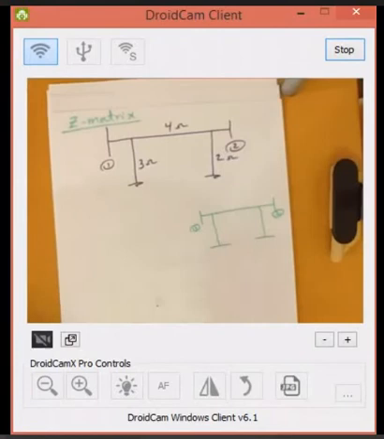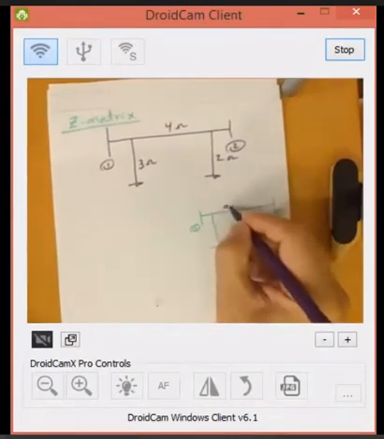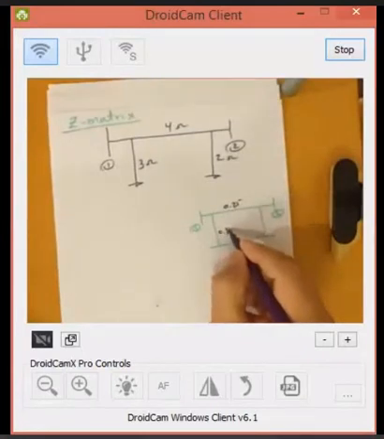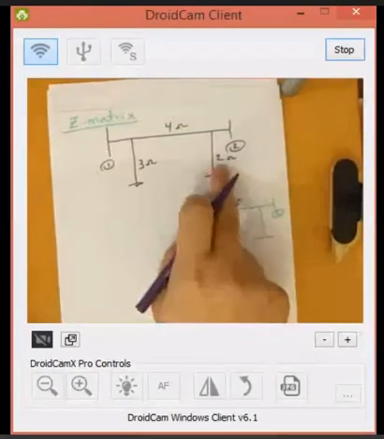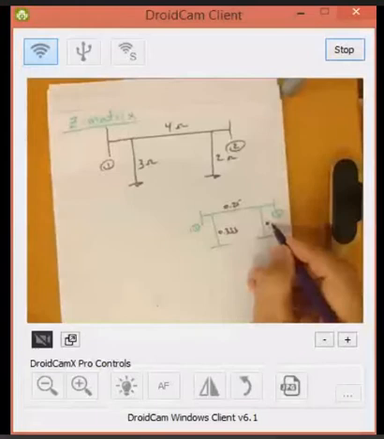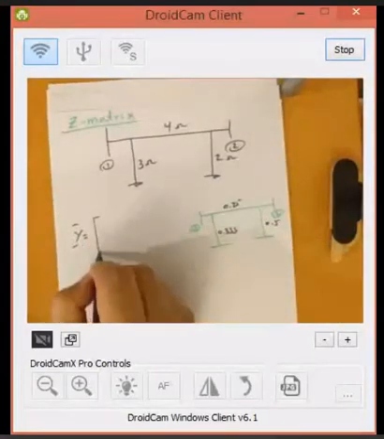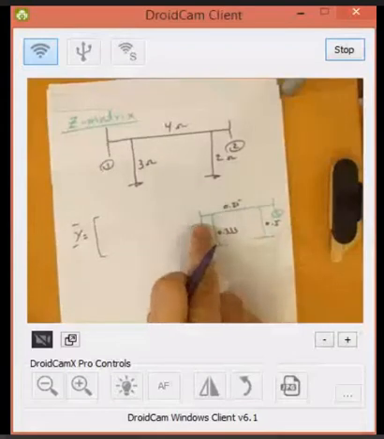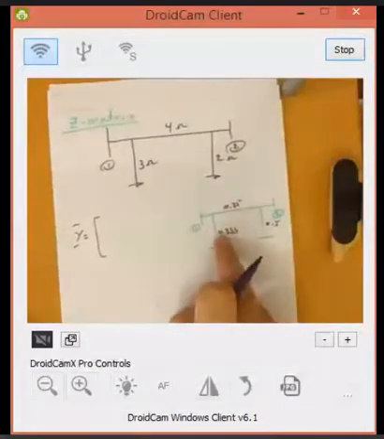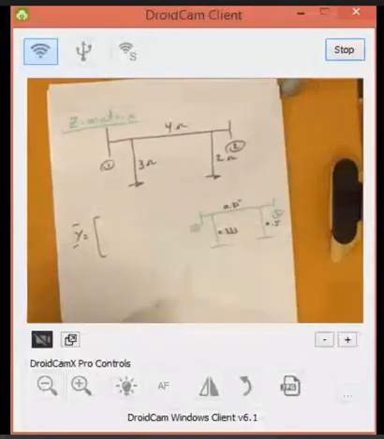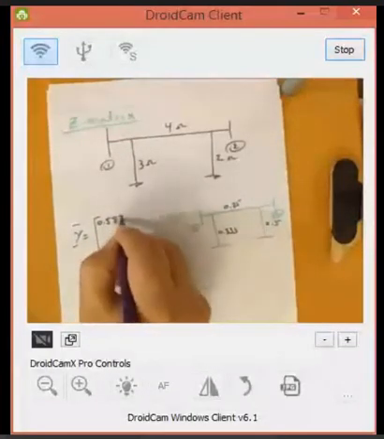So 1 over 4 is equal to 0.25. 1 over 3 is 0.333. And 1 over 2 is 0.5. Then the Y matrix is equal to the total admittance connected to this bus, so 0.25 plus 0.3333, which is equal to 0.5833.